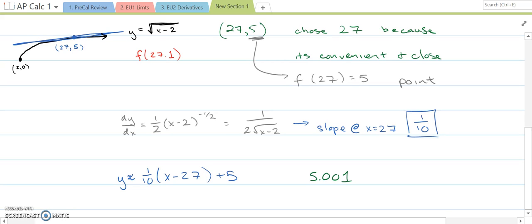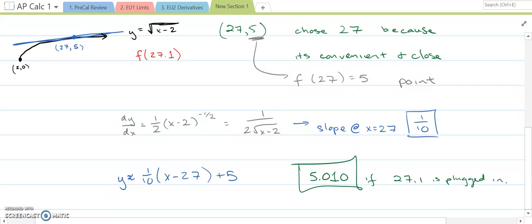That's a lot. 5.010. So I would consider it a pretty good estimator when we're talking about 27.1.